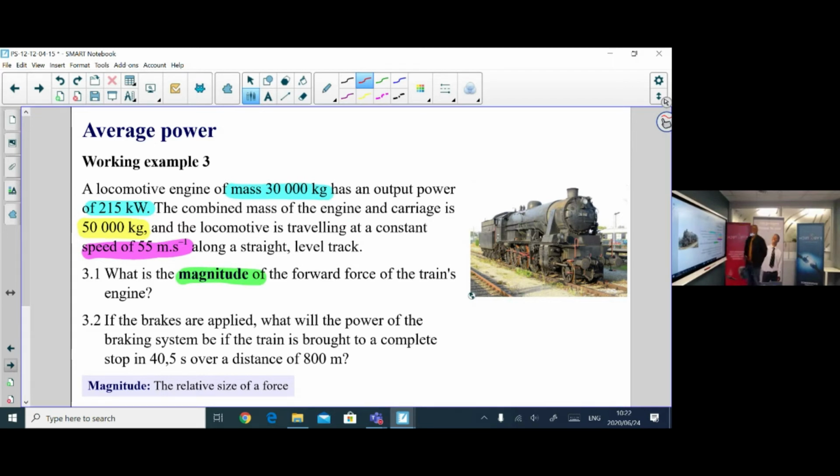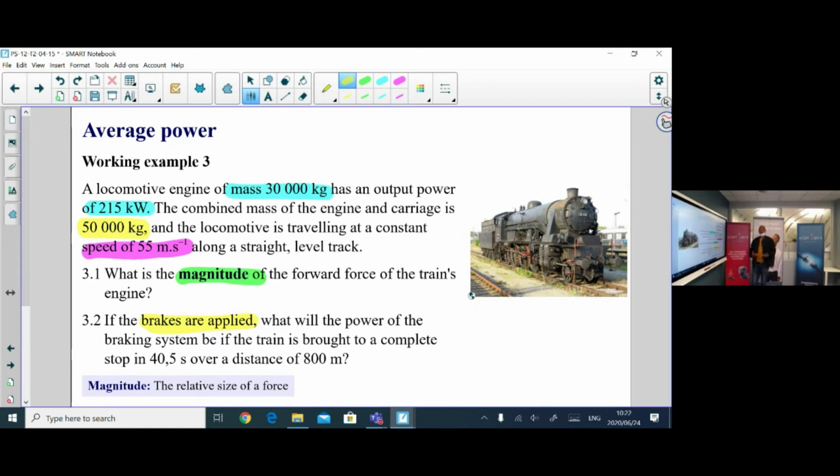If you can just look at that, let me highlight something here. The brakes all the time indicate the opposite.